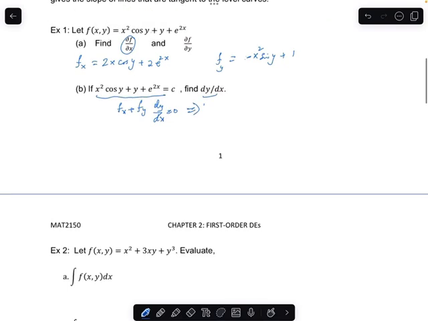So the partial derivative with respect to x is here. So I have 2x. Actually from here let's simplify this first.